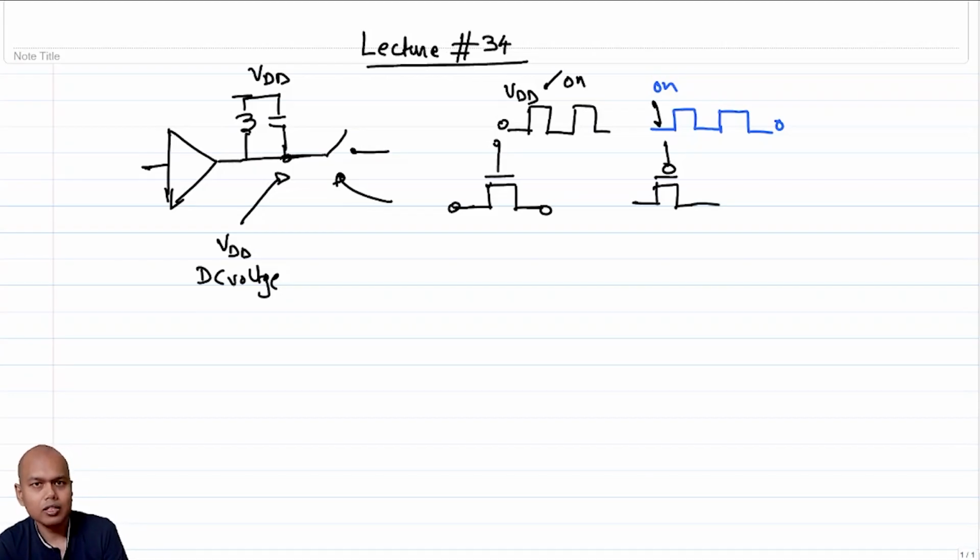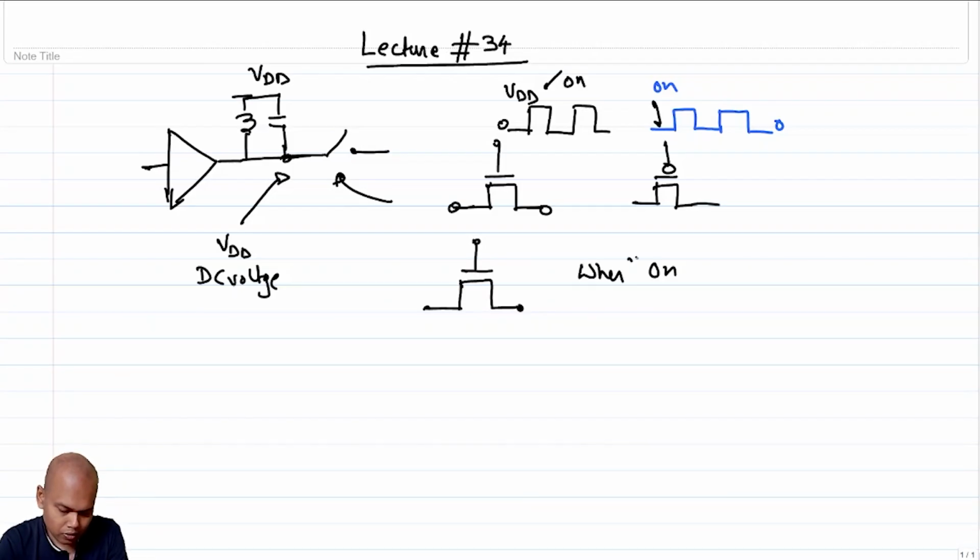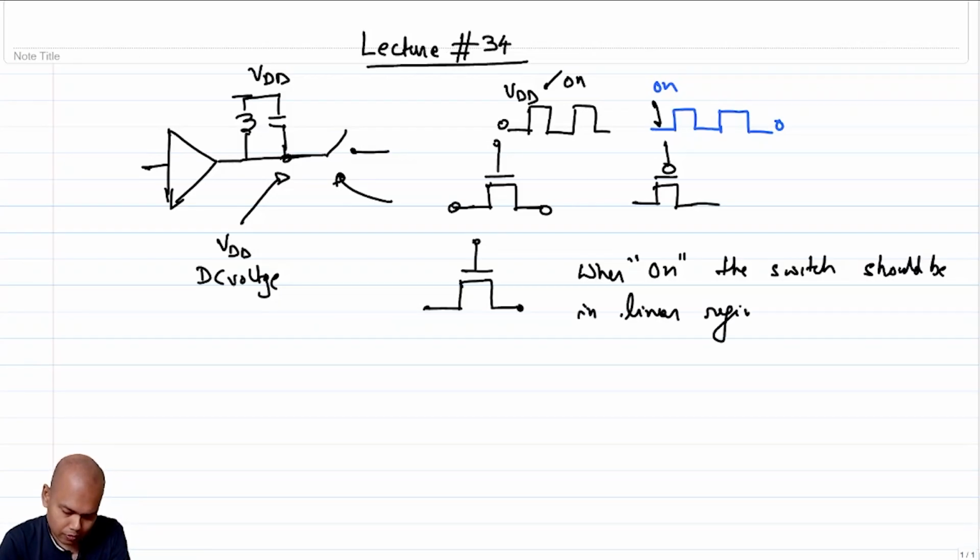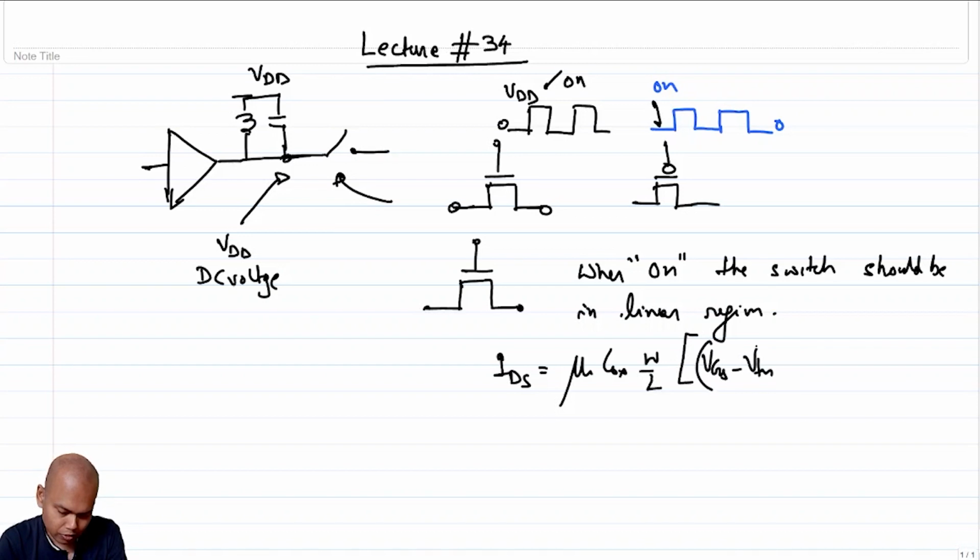Now, how do we figure out what the on resistance is? We understand that a switch, when it is on, will act in the linear region, right? So when on, the switch should be biased in the linear region, which means its current-voltage characteristic is mu n Cox W over L times (VGS minus VTH) times VDS minus half VDS squared.